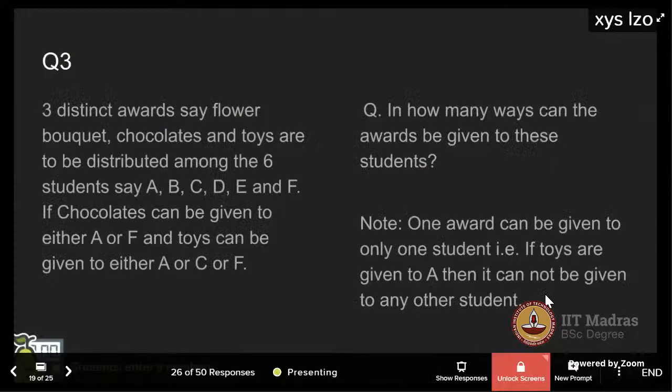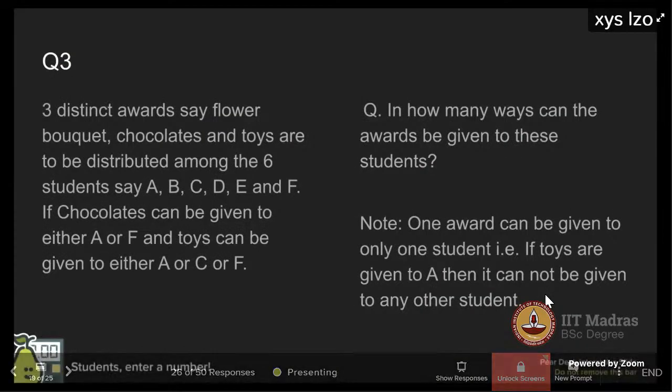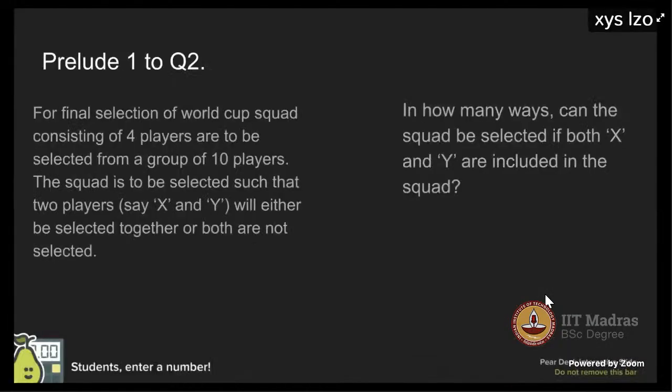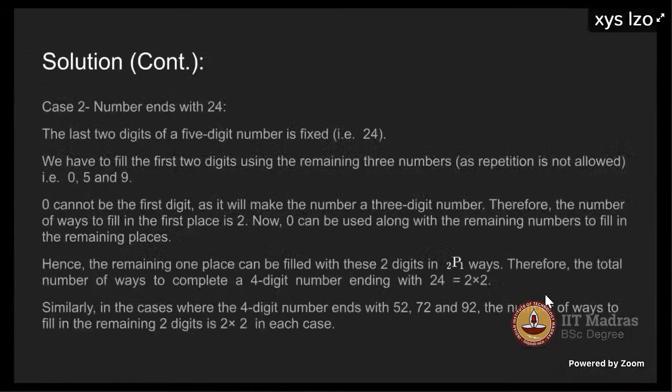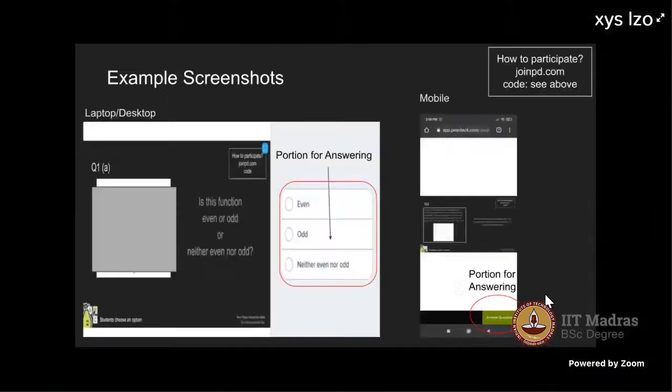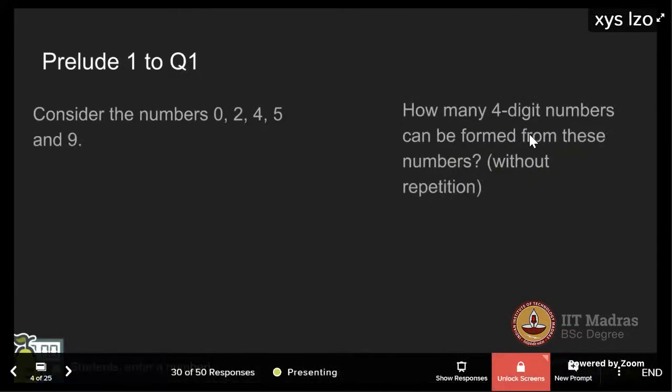Sir, prelude 1 of question 1, I think. Prelude one of question one, divisible by 4. Oh no, it's this one. Prelude one. How many 4-digit numbers can be formed?